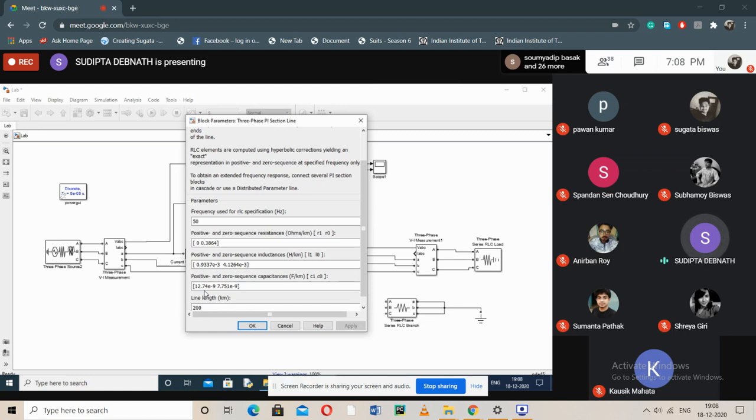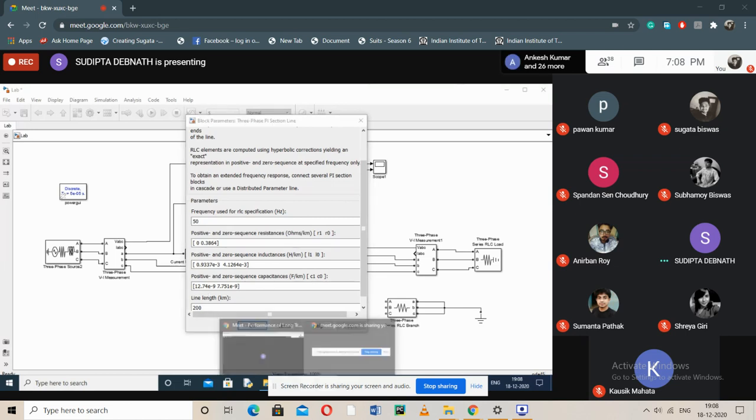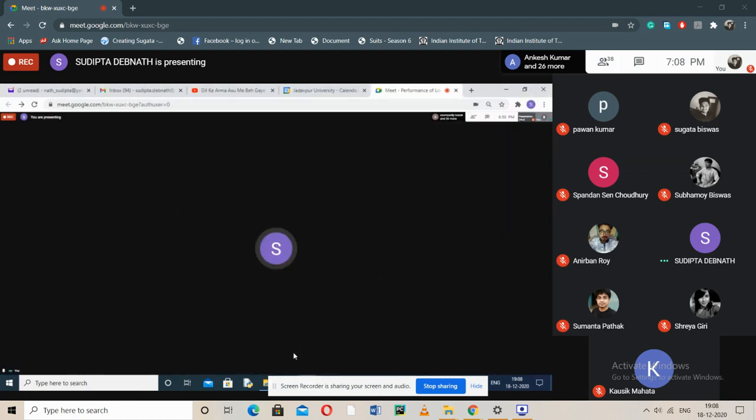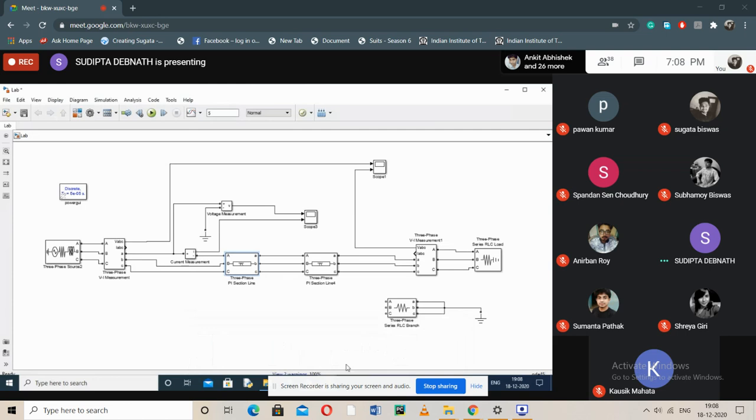Value of Z0 is equal to root over L by C. What is the value? Yes, anybody? 270.72.